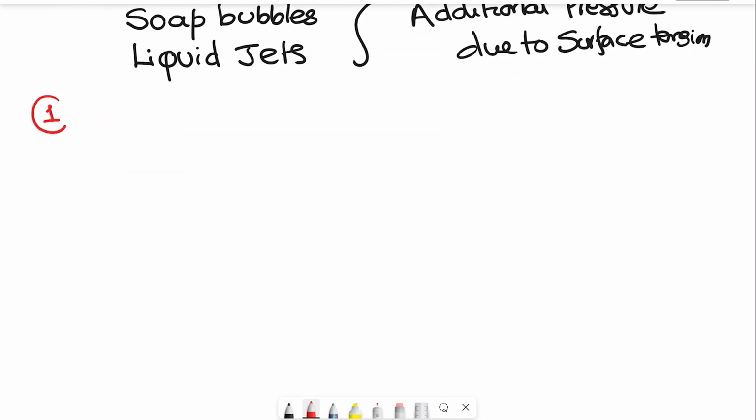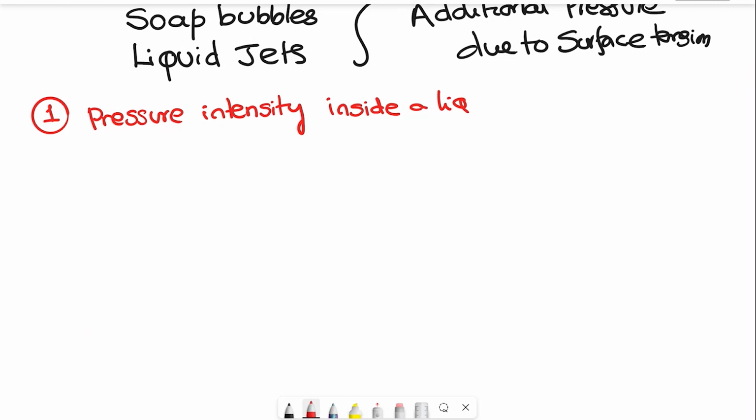First one, pressure intensity inside a liquid droplet.